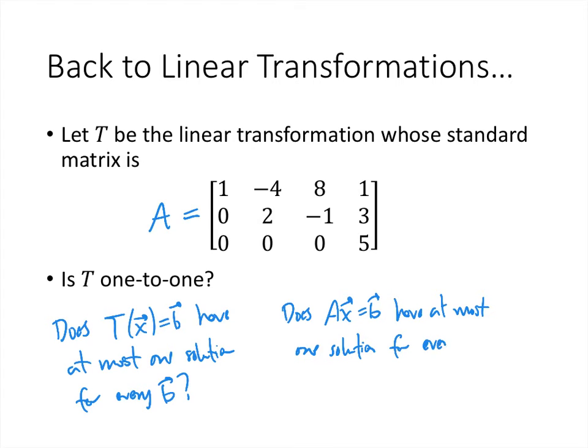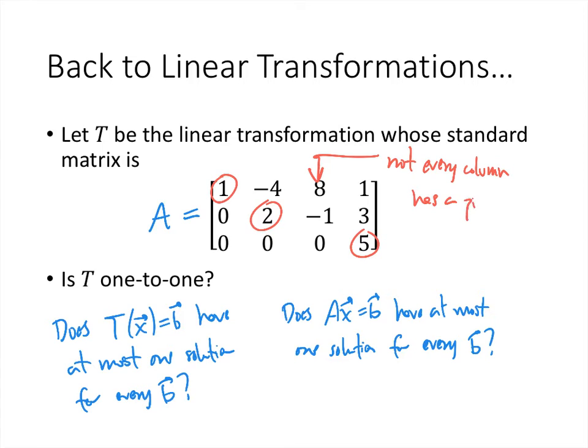And the answer here will be no, because, again, we look at the pivots, what we see is that there's a column without a pivot. Not every column has a pivot, and what that's going to mean is that we're going to have a free variable.